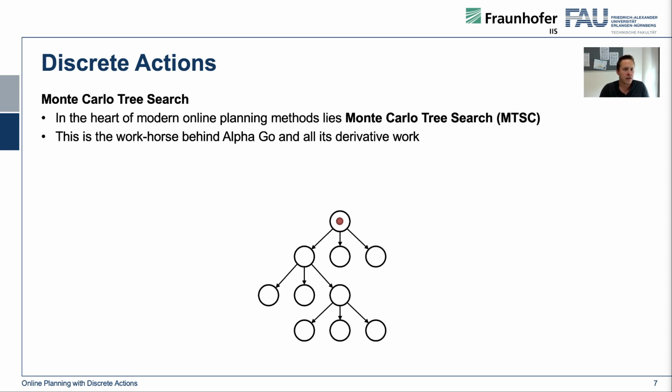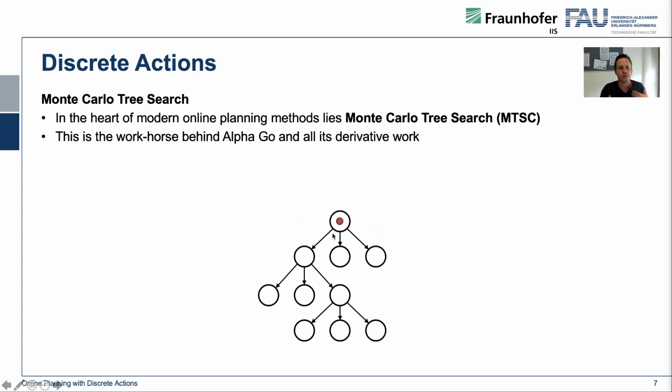This is actually the most popular algorithm that is embedded in modern online planners, and maybe in fact it is also the workhorse behind AlphaGo and all the derivative work that builds on top of it. And the definition is simple.